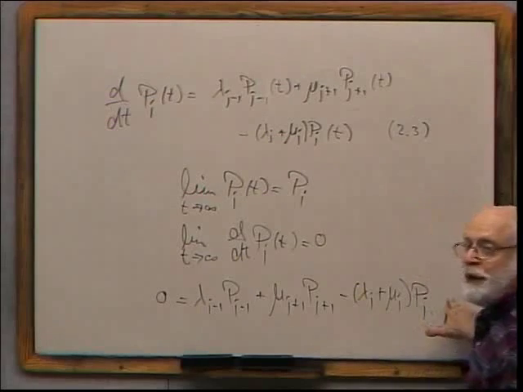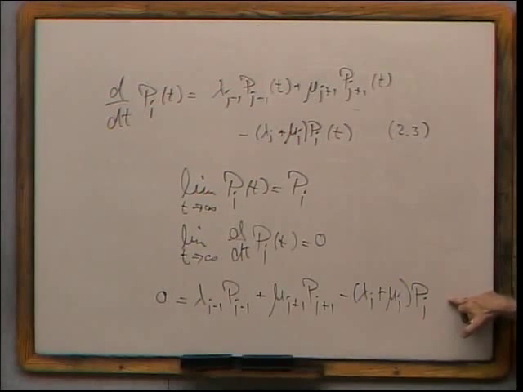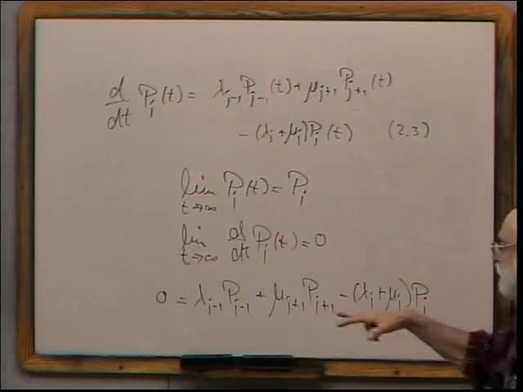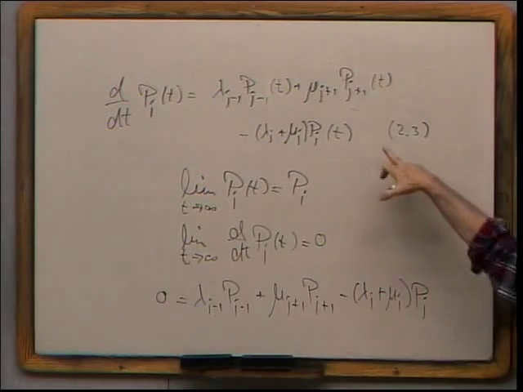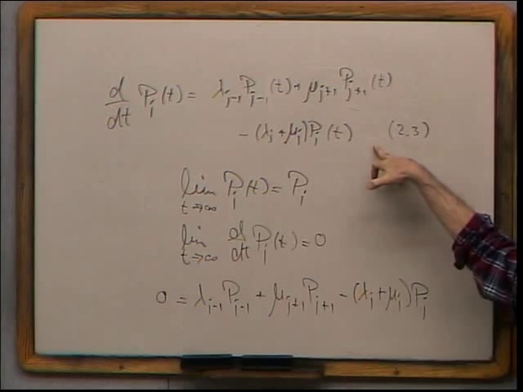We'll get a general solution for these, and then we'll see that the solution here corresponds to rate up equals rate down, which is where we started the course. So it'll turn out that general rate up equals rate down will be a consequence of whatever was required for the birth and death process. So that should give us a lot more insight into when we can write rate up equals rate down.